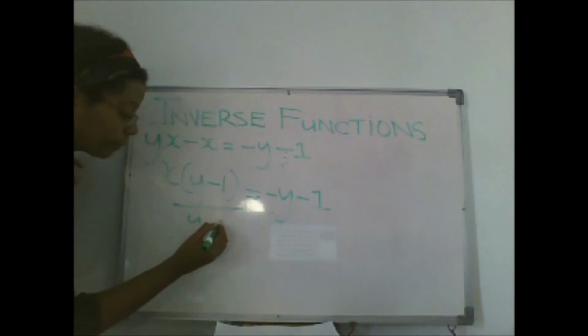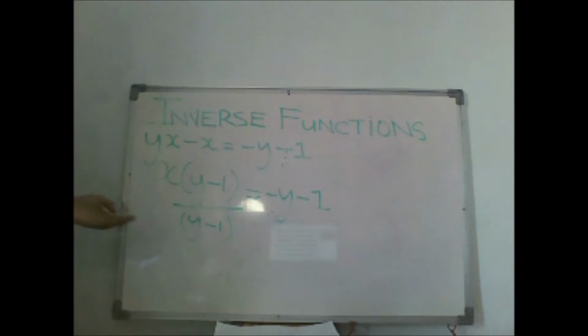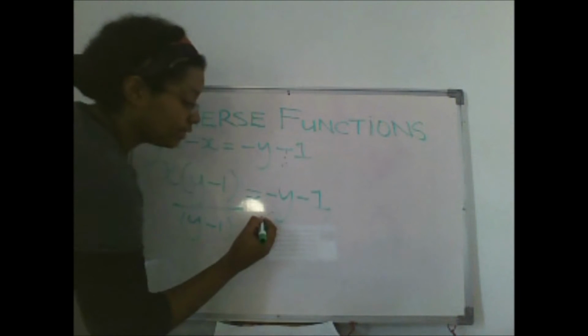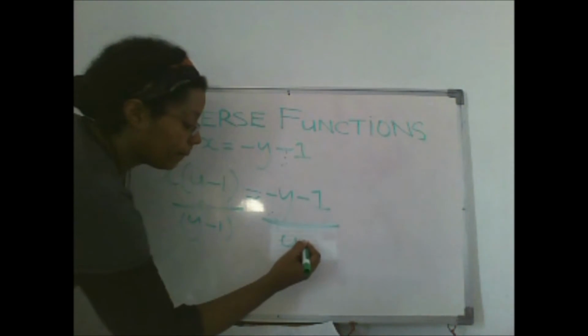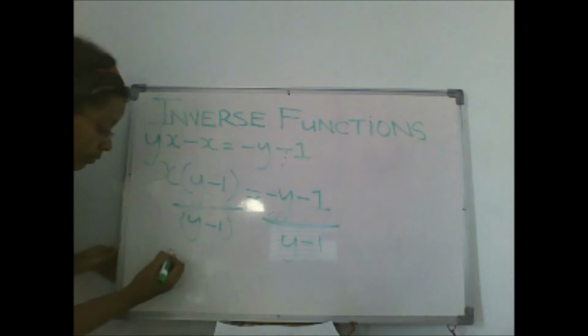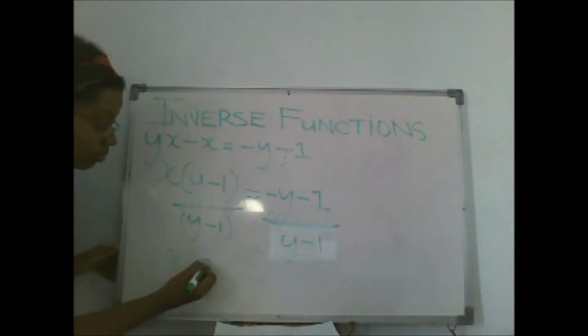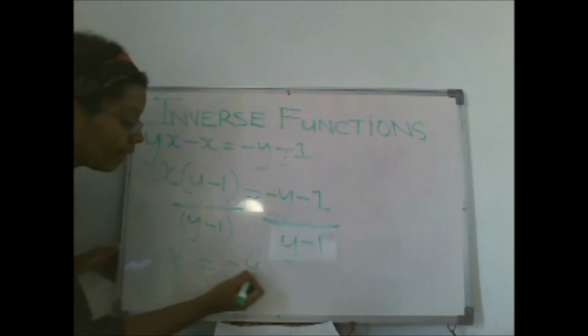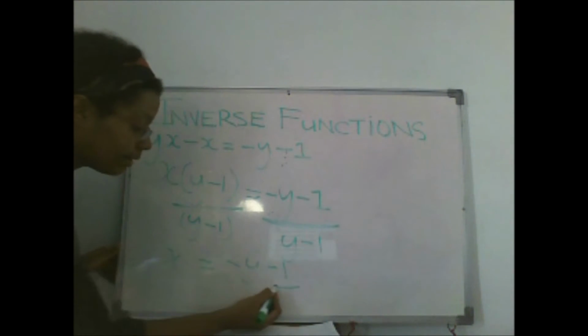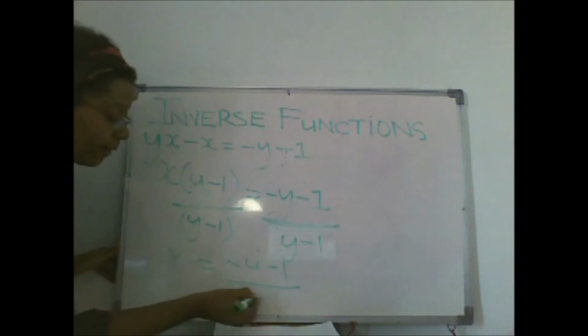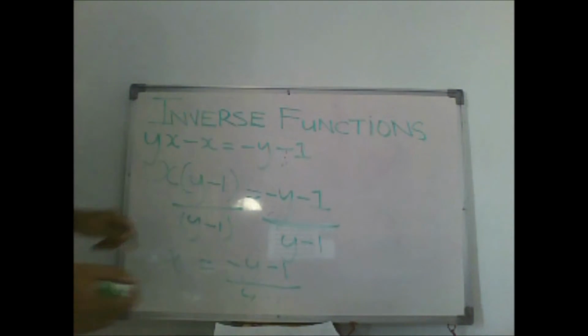So we divide by y minus 1 here, and what we do here we have to do on that side. So we divide by y minus 1. We're left with x is equal to negative y minus 1 divided by y minus 1. I will rewrite this.